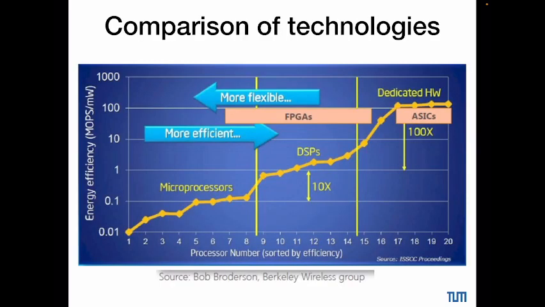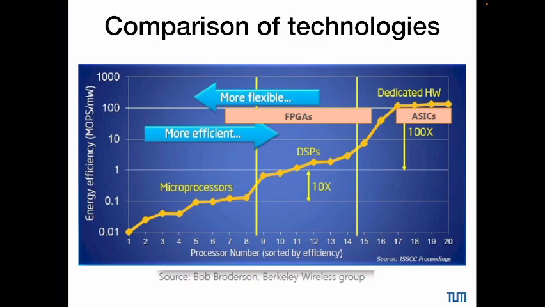So the area where FPGAs are actually used is this space here. We have different processors here, only numbers of processors, so we don't see which ones are there, and on the y-axis we have the energy efficiency, million operations per milliwatt.